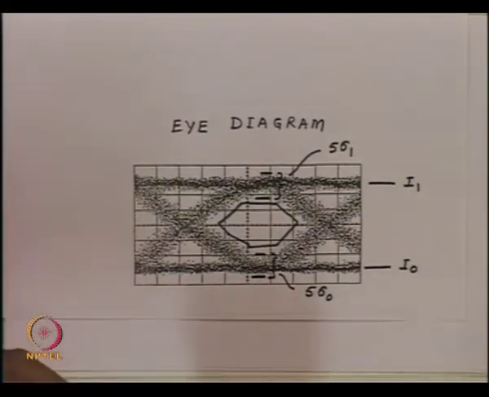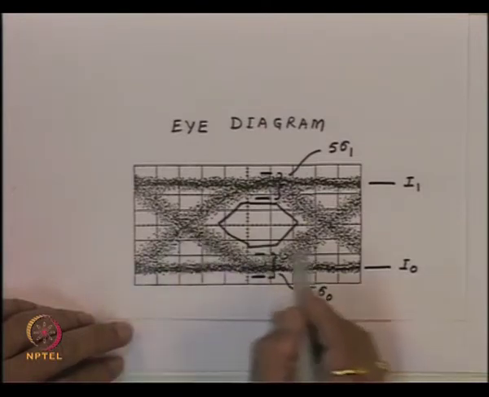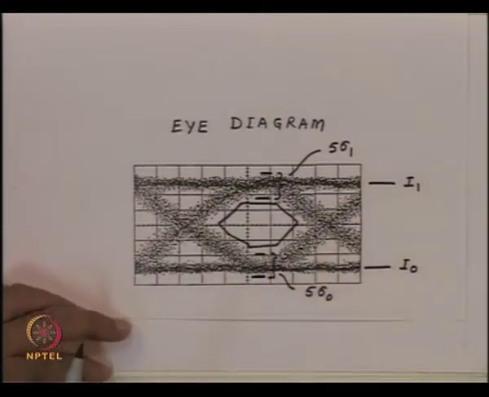What more does the eye diagram give? Since we have synchronized the data with the clock, this period from here to here will be 1 bit duration.